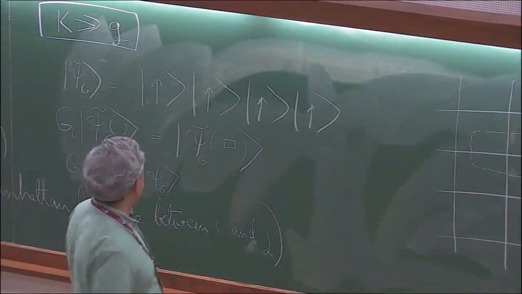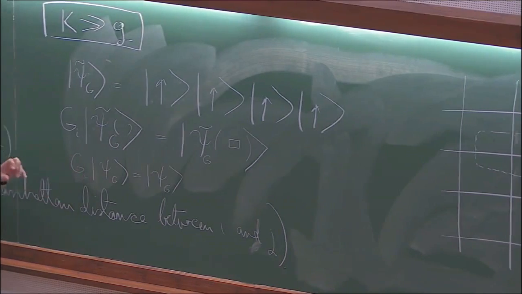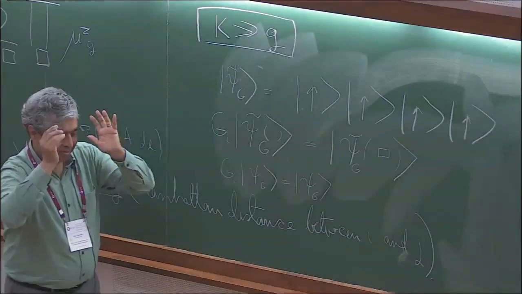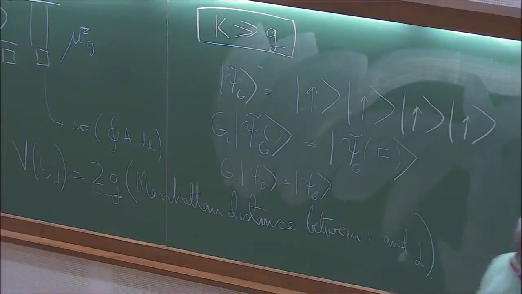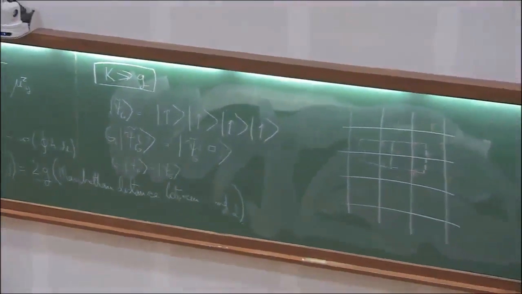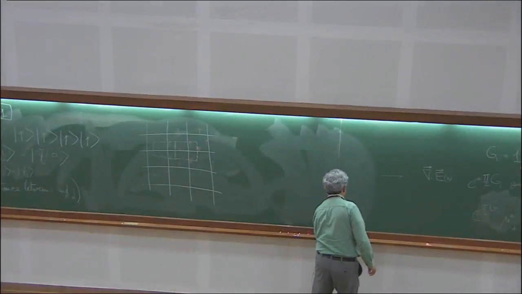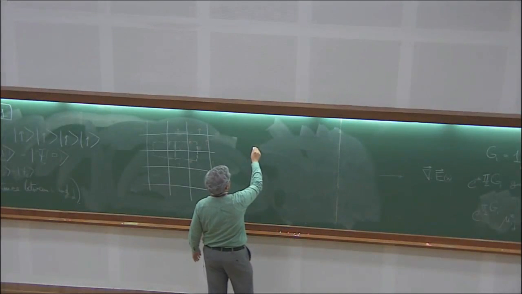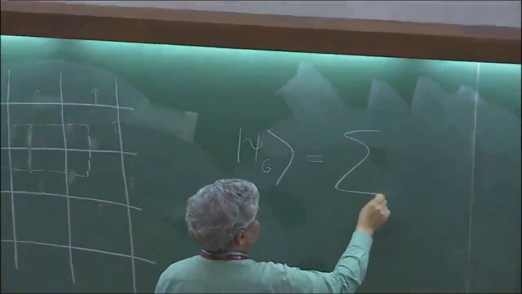So now I can write down psi G. I want a state that's invariant. So what does Gi do? Gi is a simple operation that either gets rid of a loop or moves a loop or something. It's an operation that takes you from one loop configuration to another. So if I write down my wave function, okay, then my actual wave function in this regime is the sum over all closed loops.